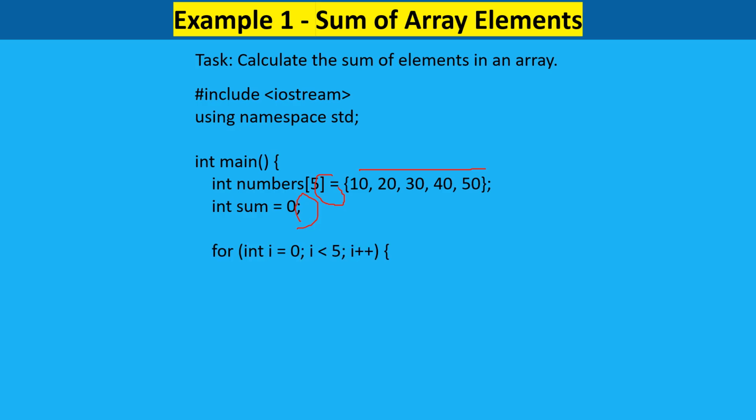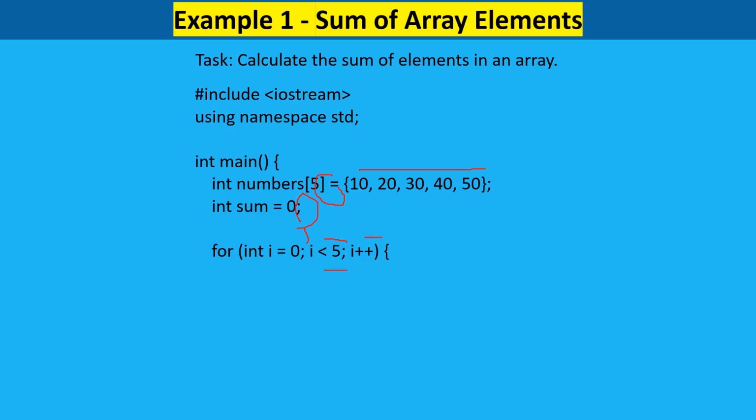So we will use a for loop: int i is 0, i less than 5, and then we have the increment. This is a for loop that will iterate over the array numbers. This loop starts with i equal to 0 and continues as long as i is less than 5.